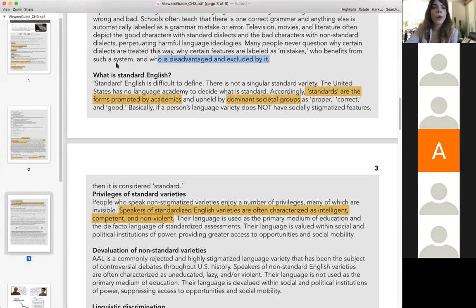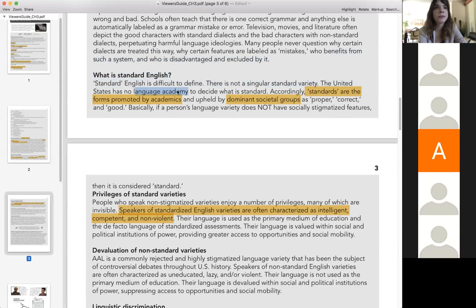So what is standard English? Standard English is difficult to define. There's no singular standard variety. Rather, the United States has its own, based on whatever is taught in schools and what academics say, right? But the United States doesn't have a language academy. So no tienen una Real Academia Española. There's no Academy of English to decide what the standard is. So in the United States, who decides what gets taught in schools?